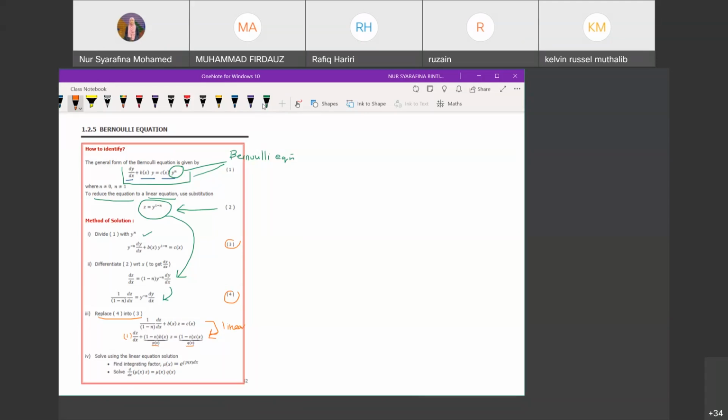Now, once it is linear, we can proceed with solving the linear equation. We have to find the integrating factor mu(x), then integrate mu(x)q(x), and then you can find the solution. All right, clear?